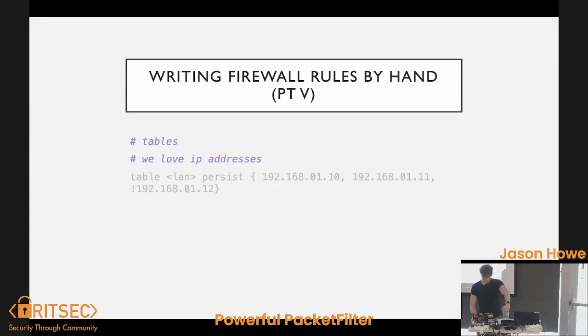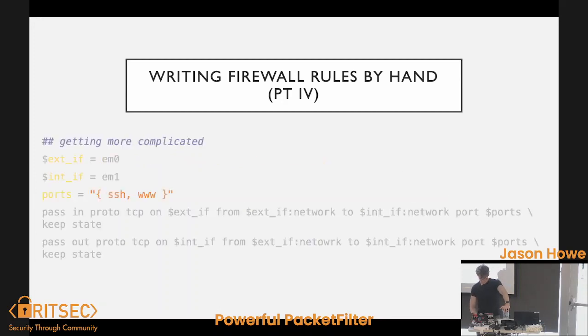And to keep things simple, when you have a large list of hosts, you can create things called tables to keep them organized. Say we want to segment only some things in the exterior network here. We don't want everything, we want some of them. We can create a table of IP addresses of known good things.